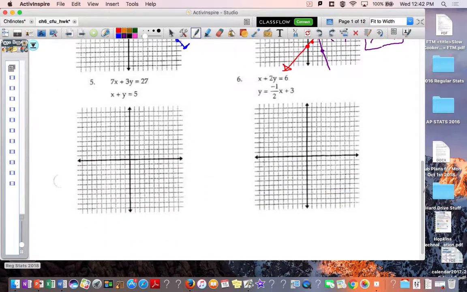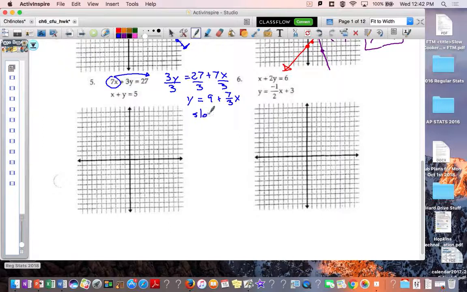All right, next one. Ooh, this one's going to be a little more work here. So the first equation, I got to move the 7x to the other side. So 3y equals 27 plus 7x. Divide everything by 3. So y equals 9 plus 7/3 x.